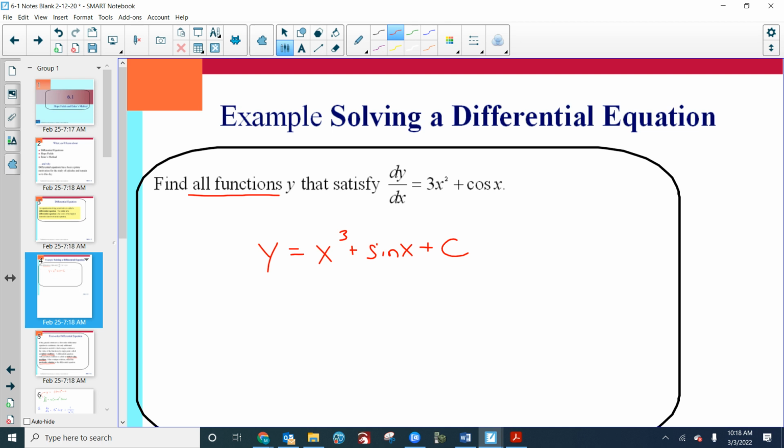Ready? Big idea for today. What are the slopes at any x? What are the slopes of this function? Oh, they're 3x squared plus cosine x. Ready? Won't this graph right here, when x is pi, have the same slope on every vertical translation of that graph?